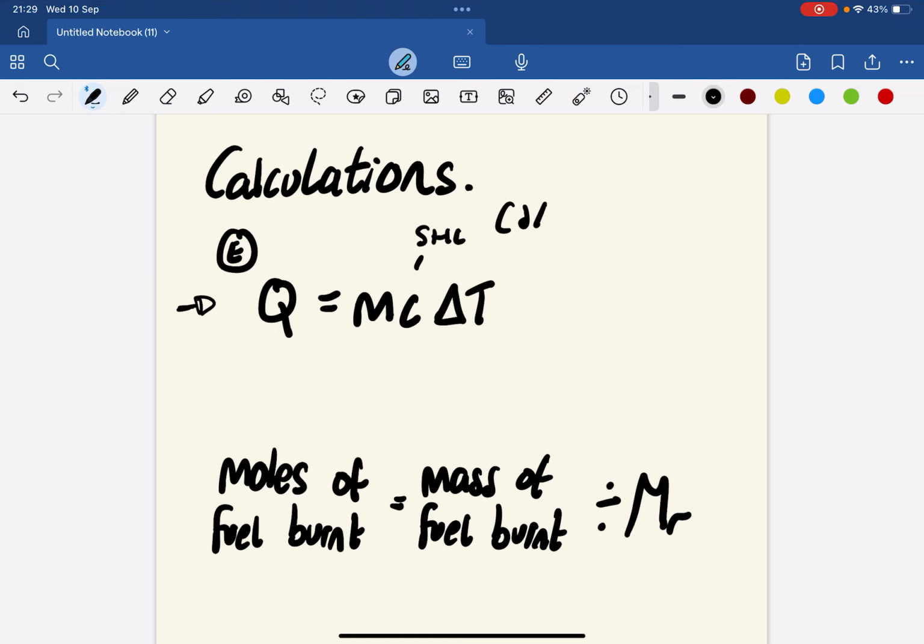Remember the units there, joules per kilogram degrees Celsius. And then we've got delta T, which is the change in temperature. So we're going to need that calculation in just a minute.